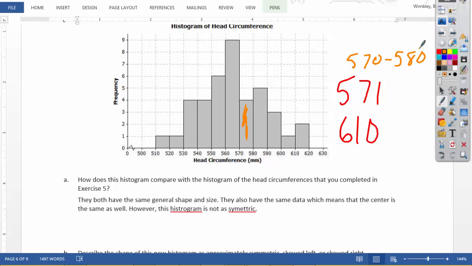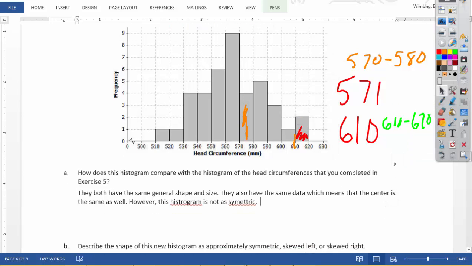This 610 one, it's right on the line. So which one does it go into? Well, remember, it's less than this. This is 600 to less than 610. This is 610 to less than 620. So it's going to go in this interval right here. It's going to go in the 610 to 620.